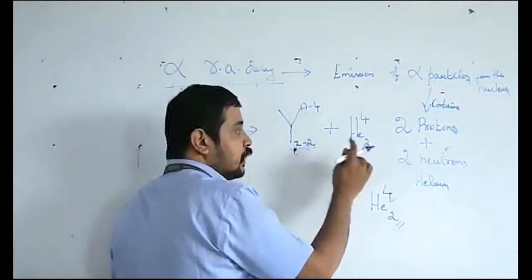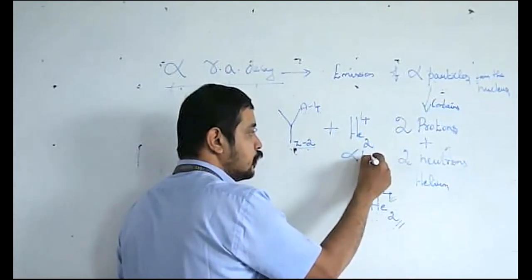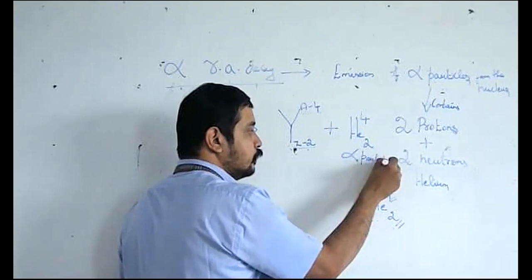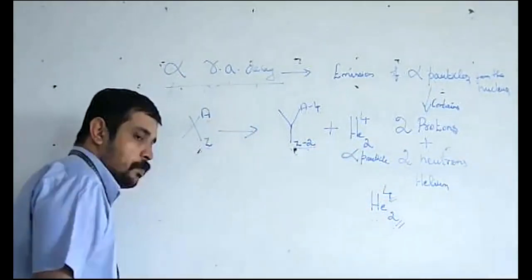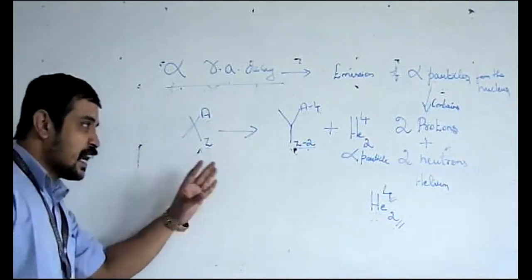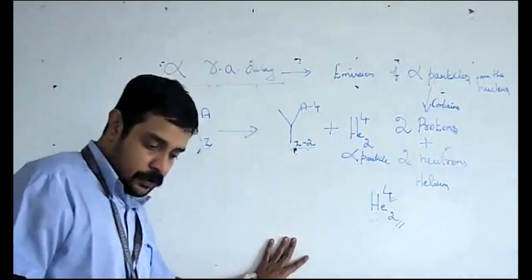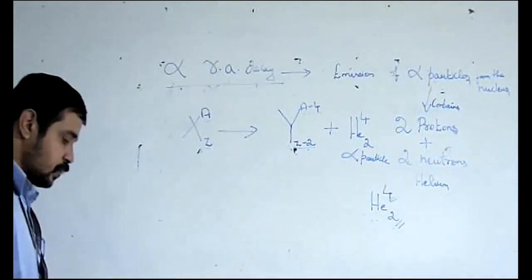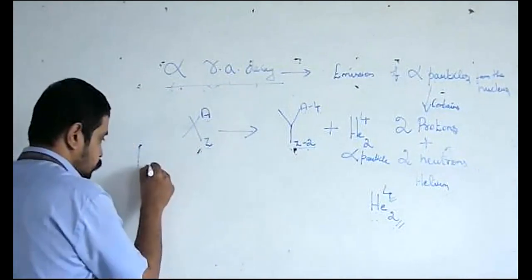So plus this is your alpha particle. So this is the general equation of representing alpha radioactive decay. Now we will see a specific example of that.